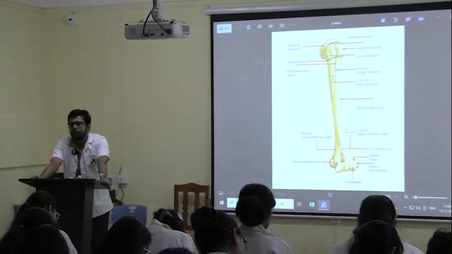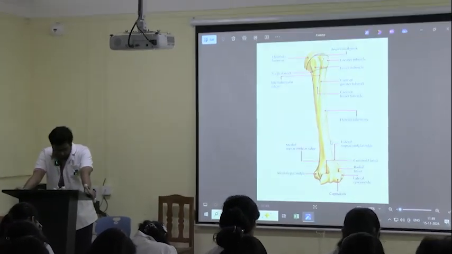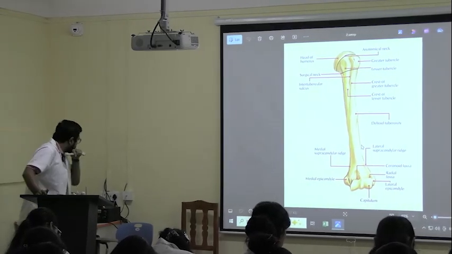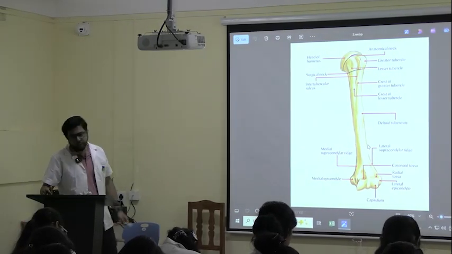In the upper end, number one is the head of the humerus. Number two, there are two tuberosities, one greater, one lesser.